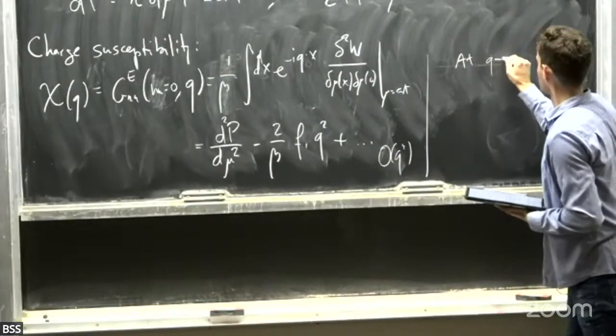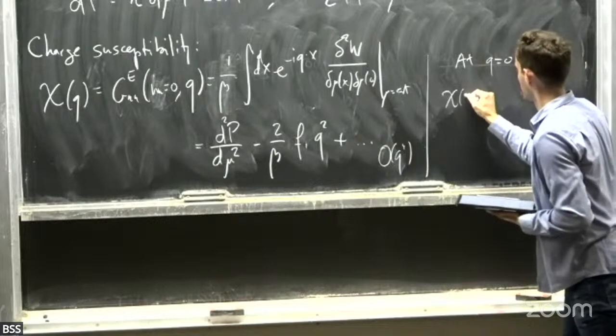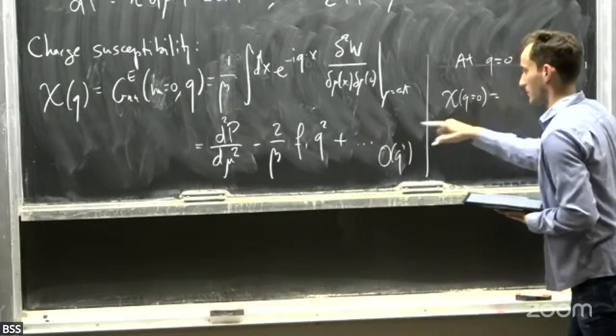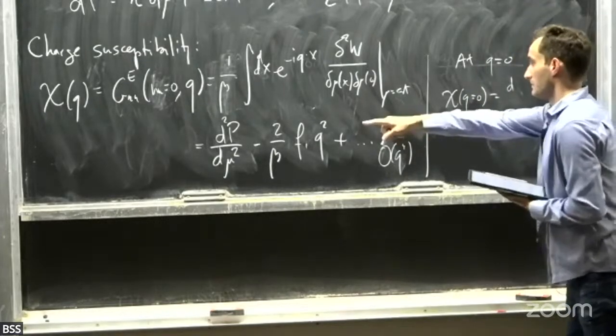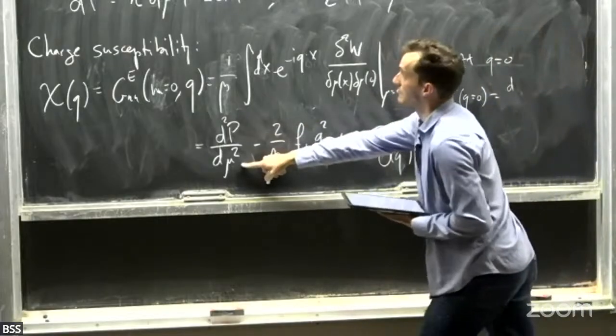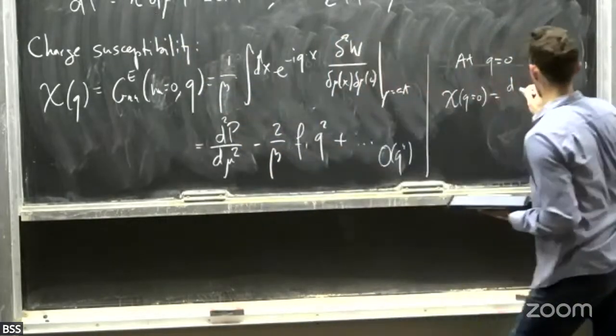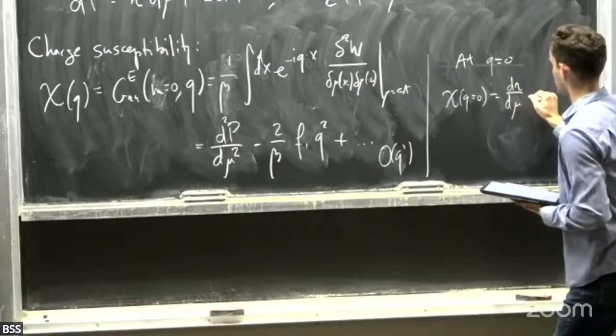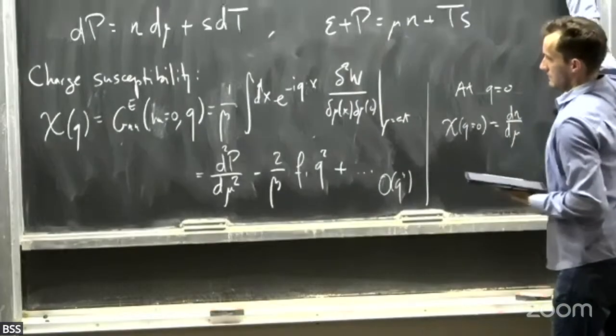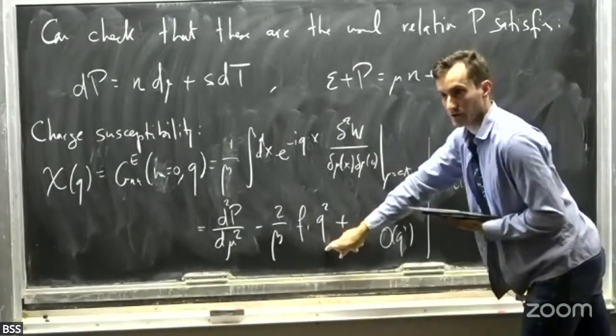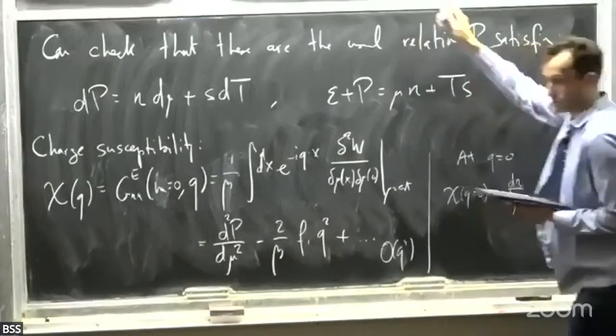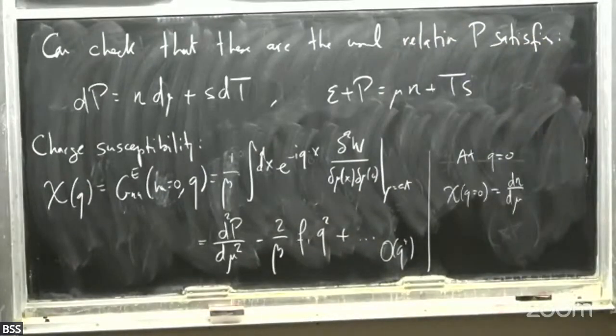Okay, so at Q equals 0, we see that the charge susceptibility is indeed what you would expect it to be. One derivative of pressure with respect to chemical potential is charge density. A second derivative gives the susceptibility. And generically, it has analytic corrections in Q², which are parameterized by these higher order Wilsonian coefficients.